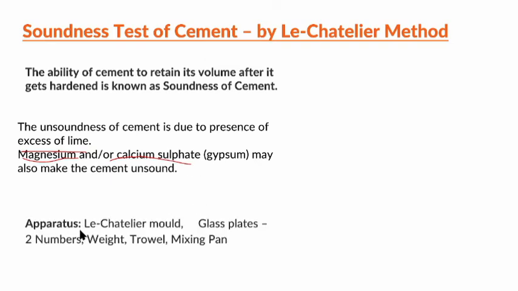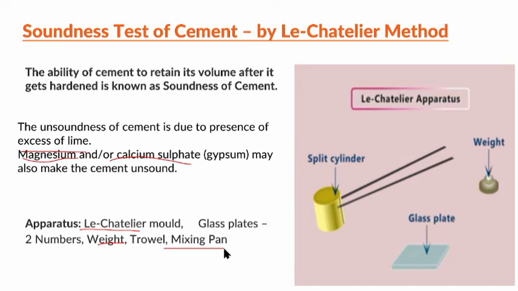The apparatus used for the soundness test is Lee-Chatelier's mold, two glass plates, and a weight. These are common. Lee-Chatelier apparatus consists of a split cylinder, that is the Lee-Chatelier's mold, weight, and glass plates.